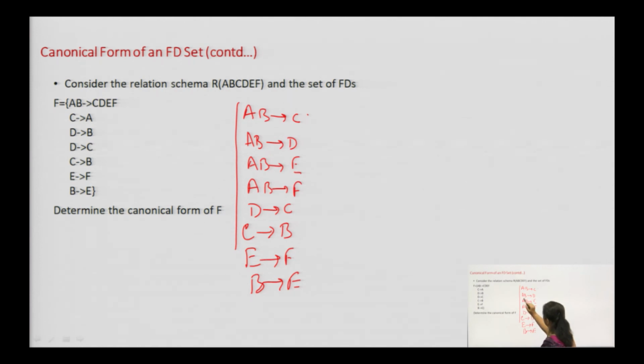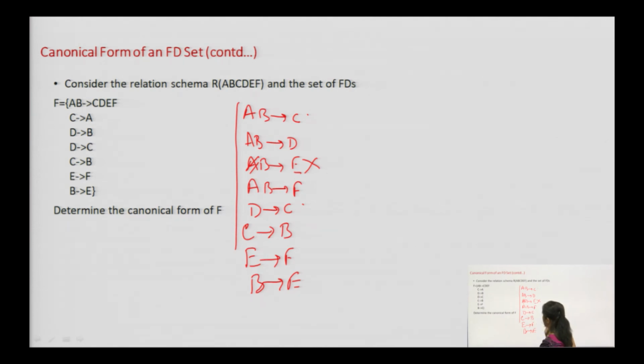In this case, removing A, we get B to D, we do not have B to D anywhere, and removing B, we have A to D, we do not have A to D in any of the FDs. So, again we say that there is no extraneous attribute. In AB to E, if we remove A, we still have B to E. That means A is extraneous over here, and we can just knock off this FD.